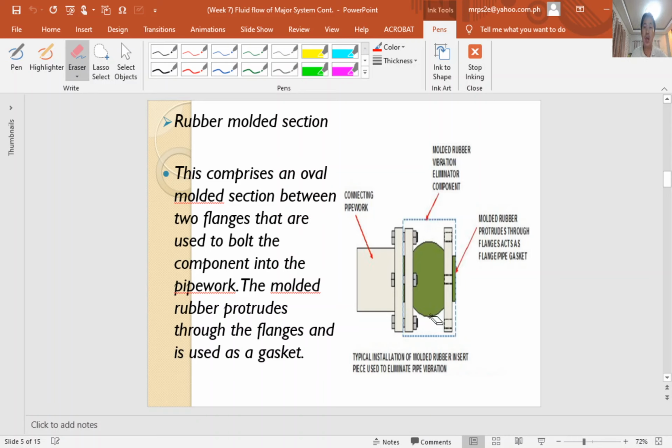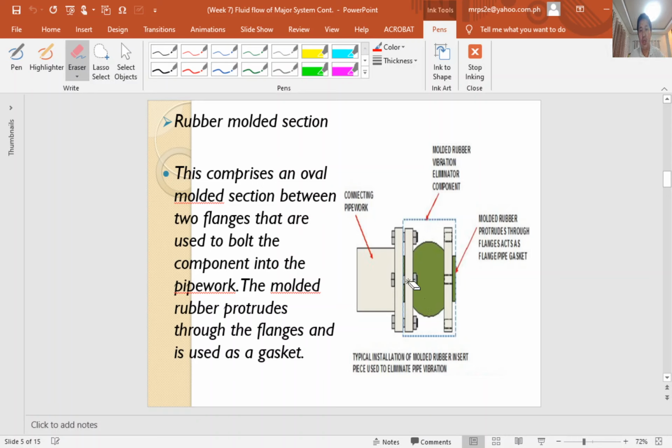So without this rubber coupling, the pipe will break or crack during the vibration. As I said earlier, during the rough sea, there is a lot of vibration of the ship, and also during the maneuvering of the ship, arrival and departure from port, there is a lot of vibration. So without this rubber coupling, the pipe will break.